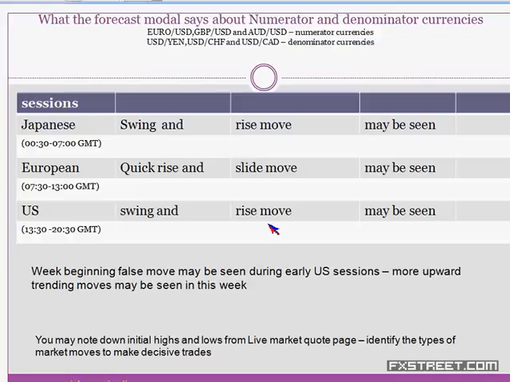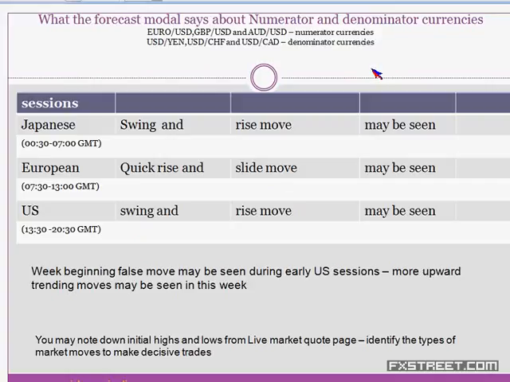And tomorrow, 12th of June, they are expected to make an intentional rise of swing and rise, swing and rise, and swing and rise all through the day. And then we will understand that the slide during the late European session and early US session of today could be the week-beginning false move, because they continue to gain the levels in the case of Euro and GBP tomorrow.